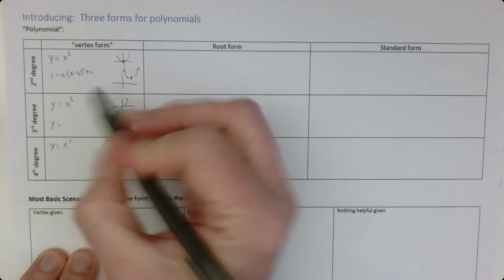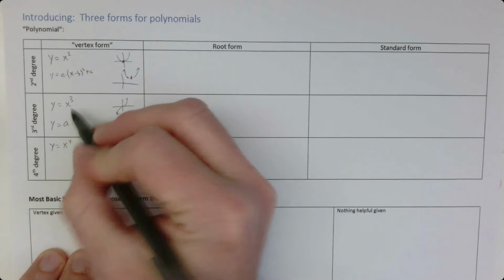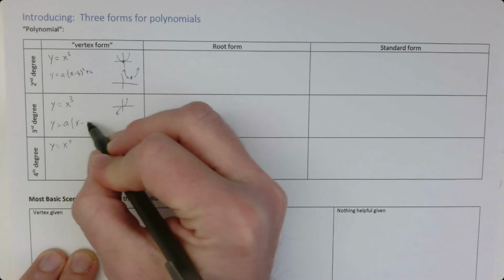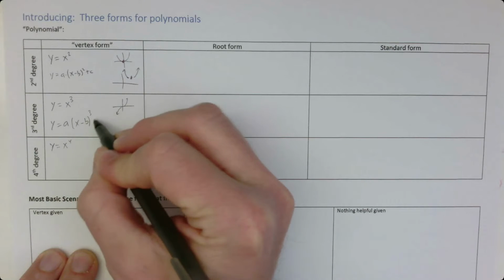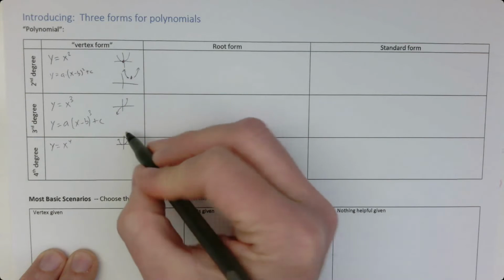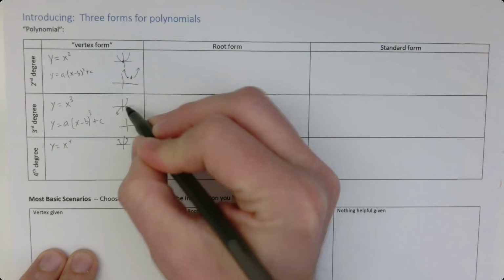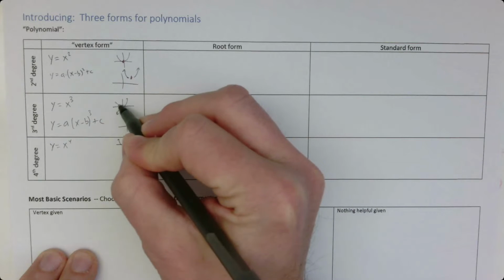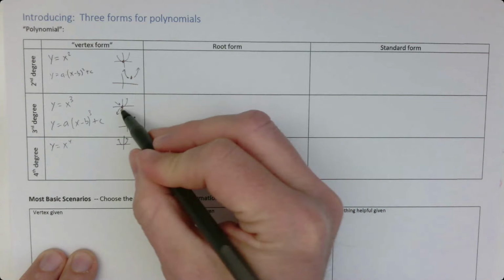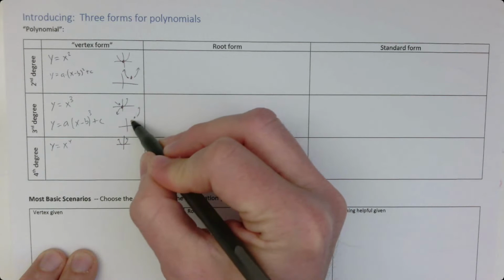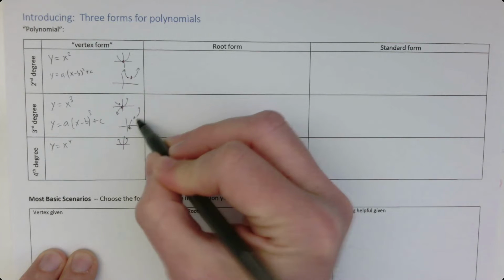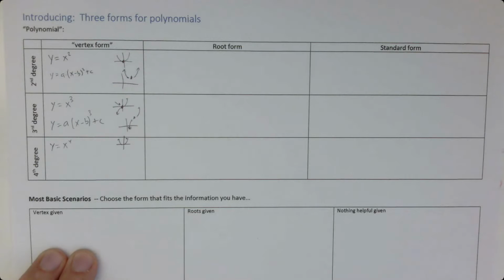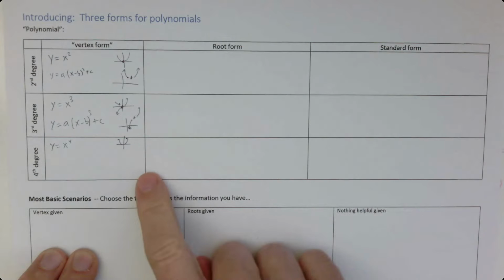So let's do an analogous thing here. I could take my x cubed, I could shift it right by b, I could shift it up by c, and I could scale it. And in that case, the quote-unquote vertex would be here at (0, 0), shift it right and up, and now we have a cubic over here. So you can sort of imagine by analogy all of those.